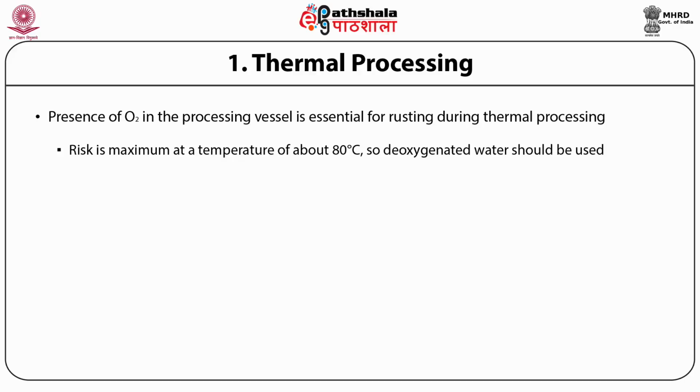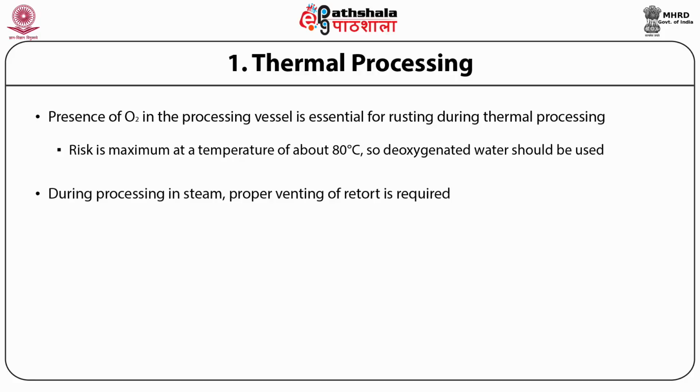Above this temperature, the loss of dissolved oxygen counteracts the acceleration of the reaction rate at the higher temperature. Therefore, when full boiling is not required, the water should be deoxygenated and preferably treated with corrosion restrainers.